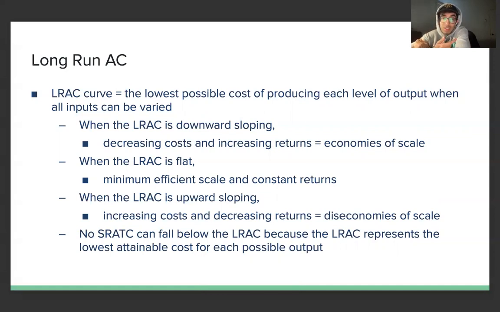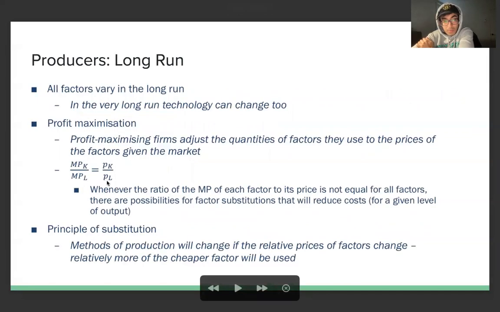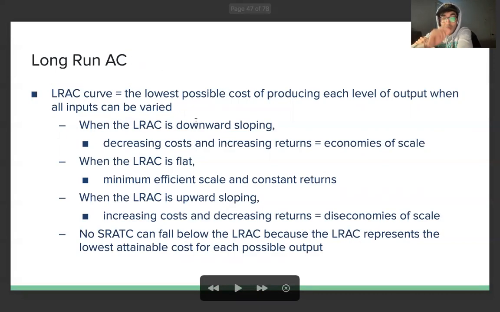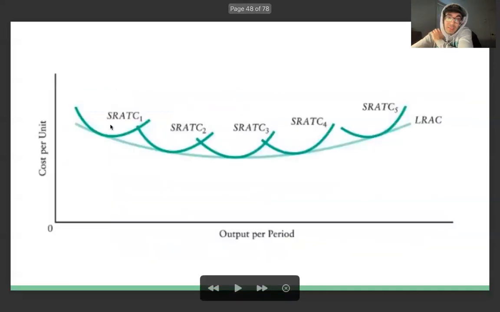But in the long run, since all the factors are variable and we can optimally choose their quantities using this equation, all the points on the curve are basically the optimal cost you can have, the minimum cost you have for each level of output. Another way to interpret it is that you can divide this long run period into short run periods, and then whatever the minimum cost for that short run period is, joining all those dots for all the short periods would give you the long run average cost curve.